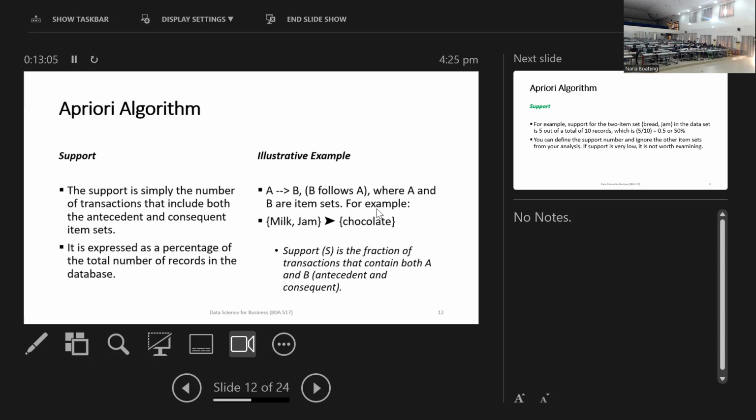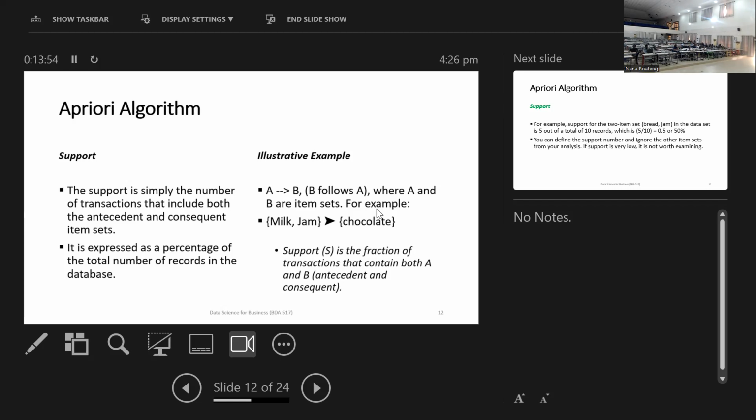But for our example, let's be so naive that when you buy chocolate, you pay, and then when you buy this one too, you pay. Let's assume the simplest case.